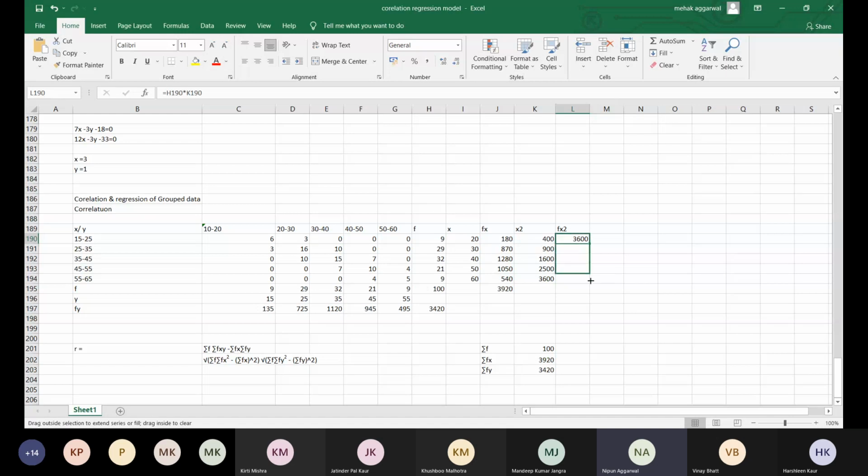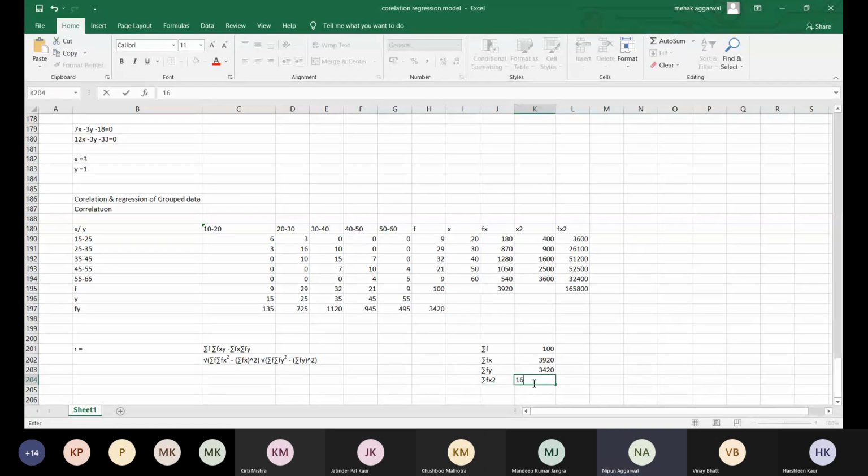So these are your individual fx squares, and now the sum of all this becomes summation fx square, which is 165800. So this becomes summation of fx square. Now you have calculated this minus summation fx. You have already calculated summation fx. So this term has been calculated.